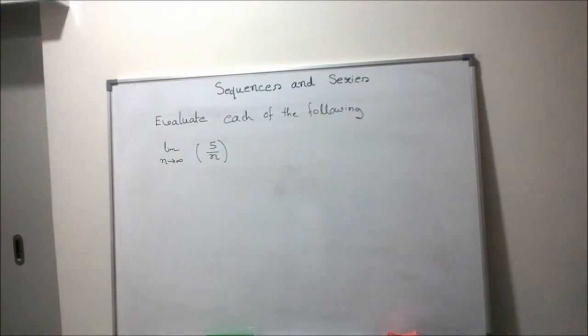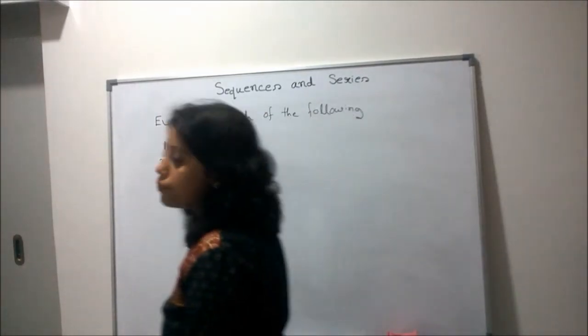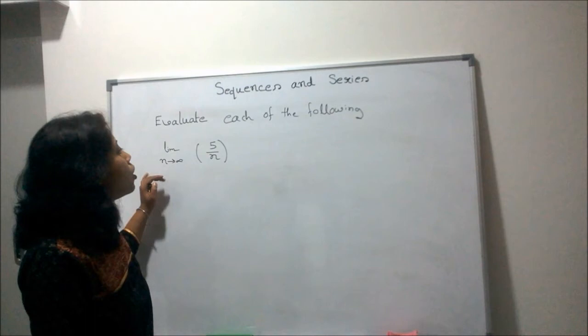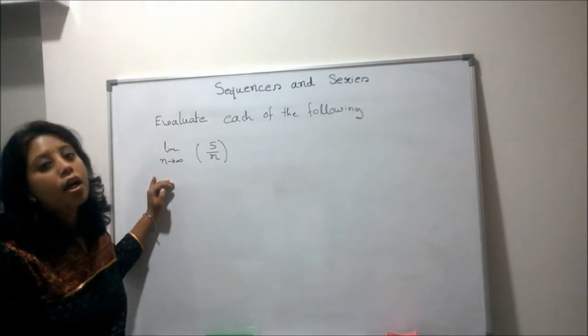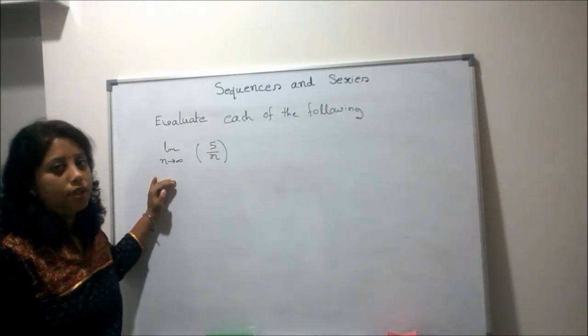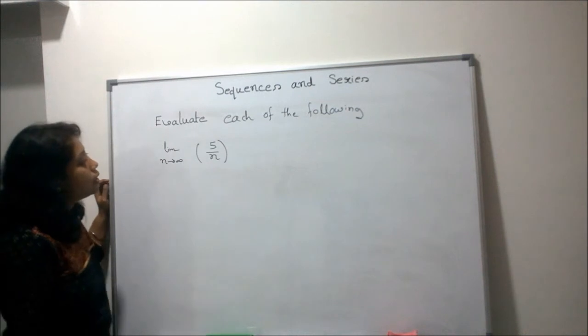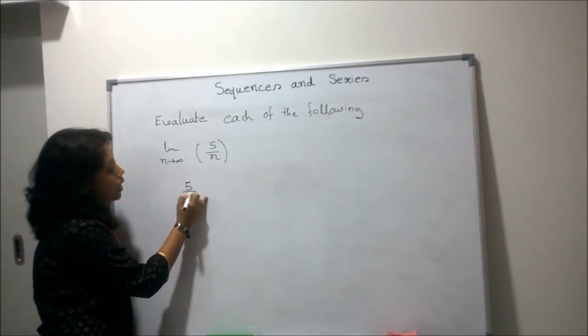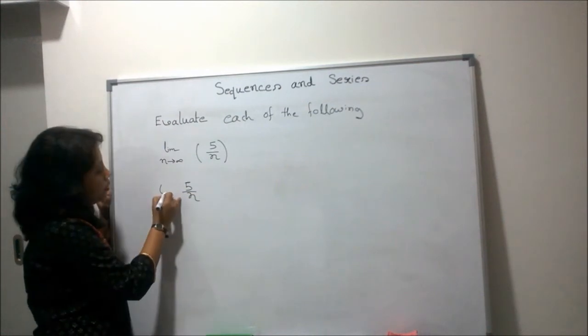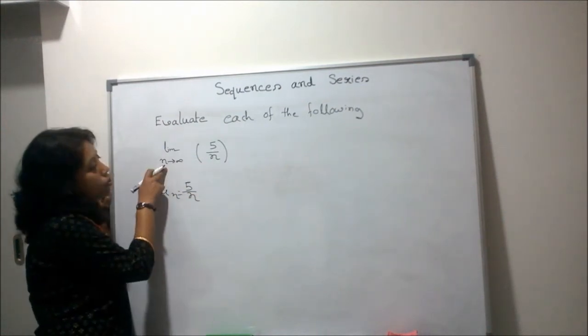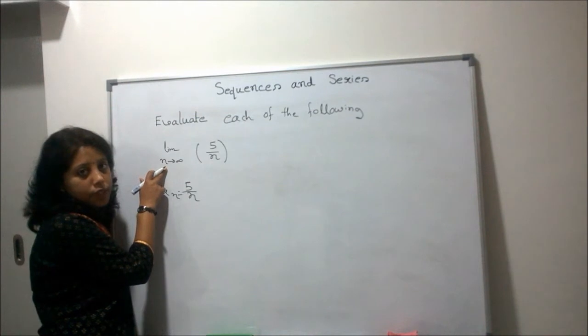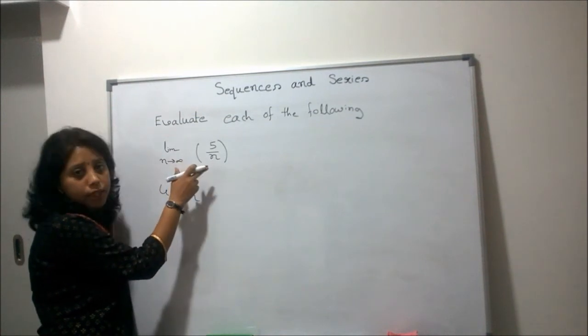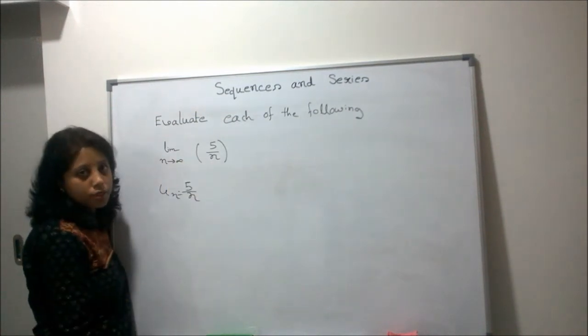Now we will discuss how to find the limiting value of a sequence when the nth term is given. Here you see a sequence whose nth term is 5 by n. When n tends to infinity, what will be the limit value of this sequence?